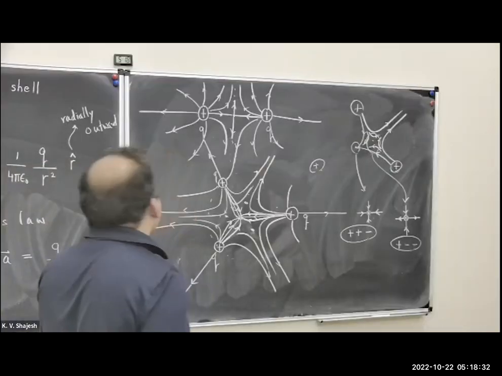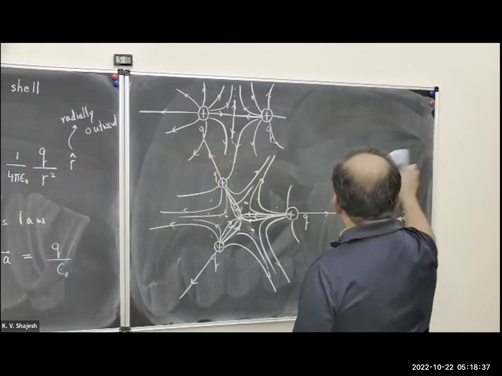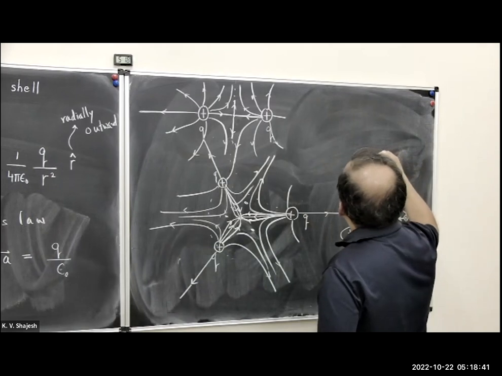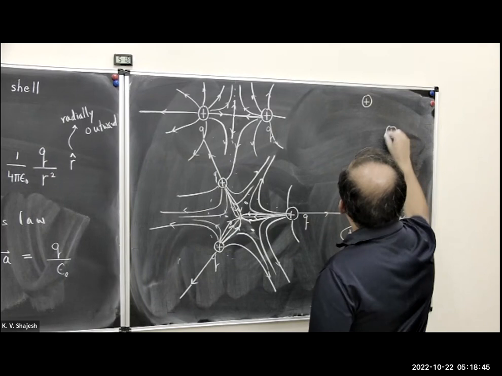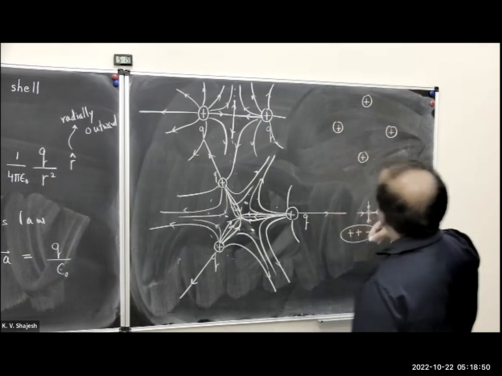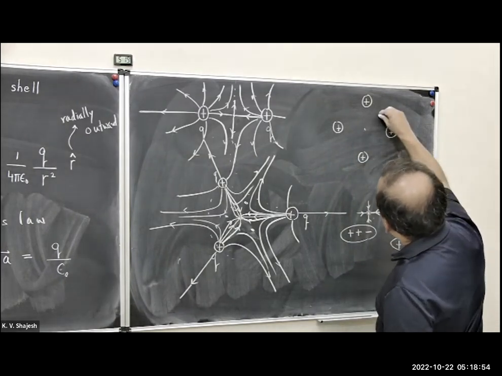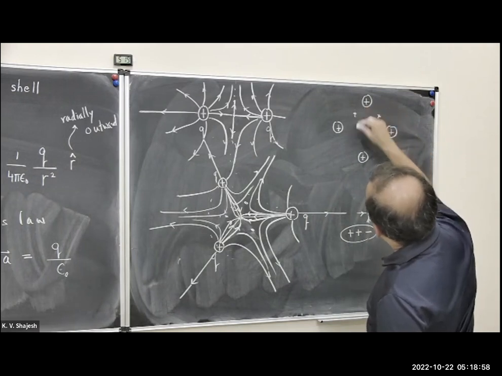From this point on, I'm just going to generalize it. Make this four charges: a positive charge here, here, here, and here. Again at the center there will be a saddle point, and there will be four saddle points here.